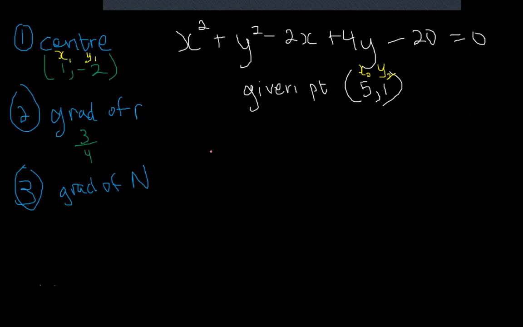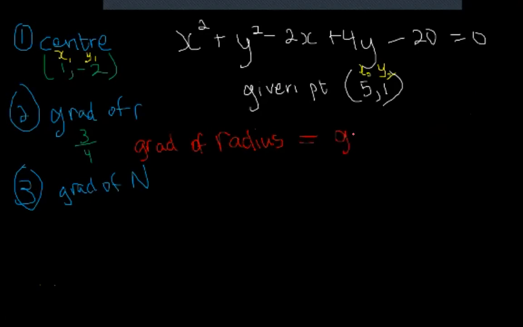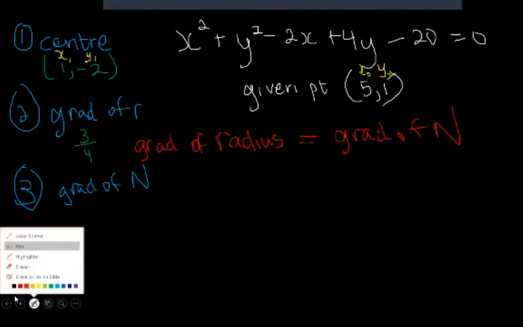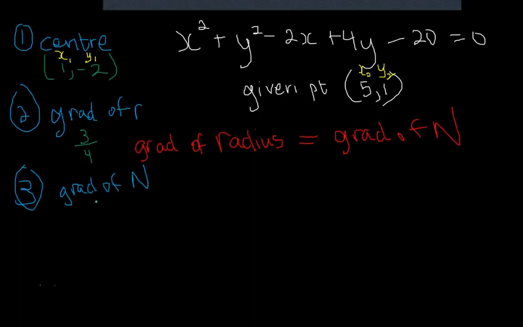Good job. Why? If anybody is wondering, because the grad of the radius is also the grad of the normal. And that's why the gradient of the normal is also 3 over 4.